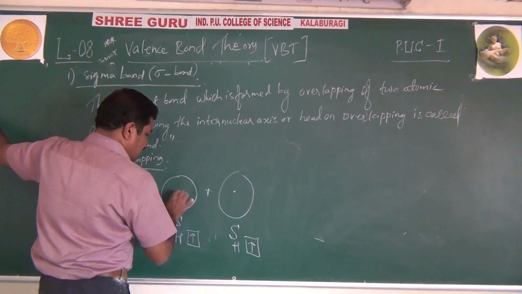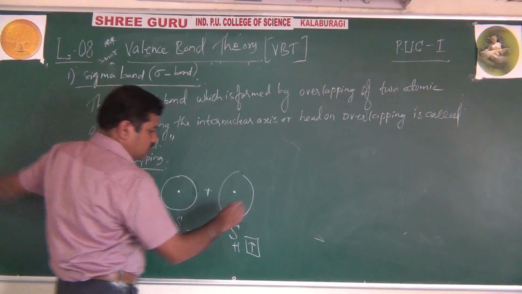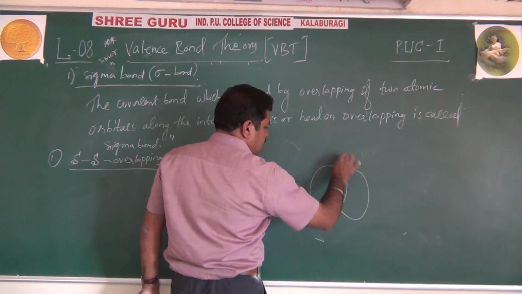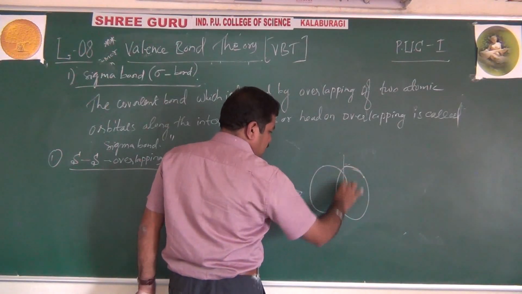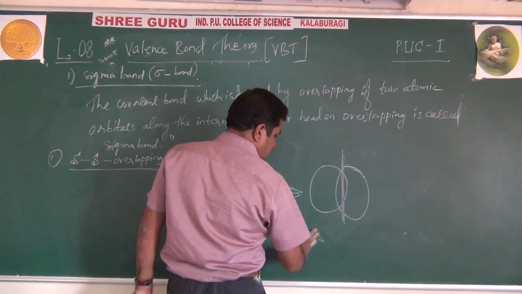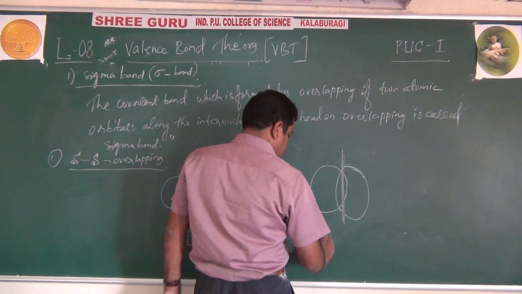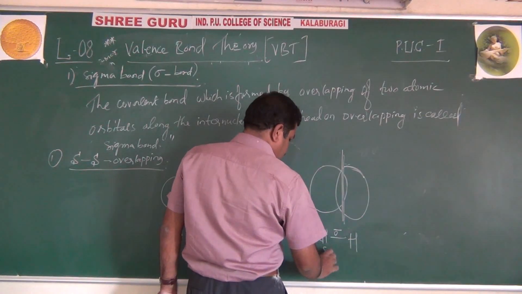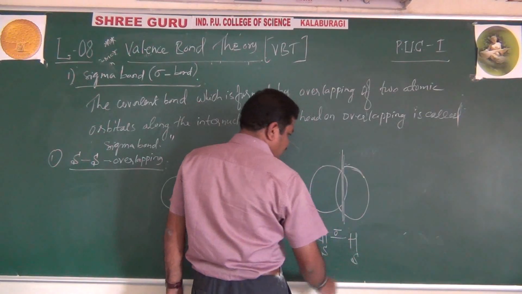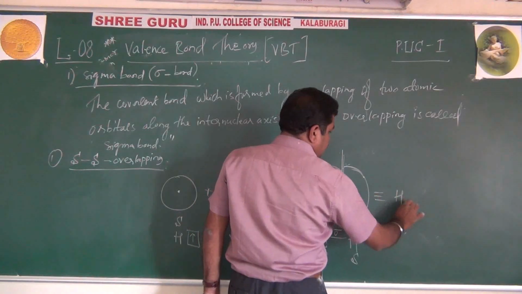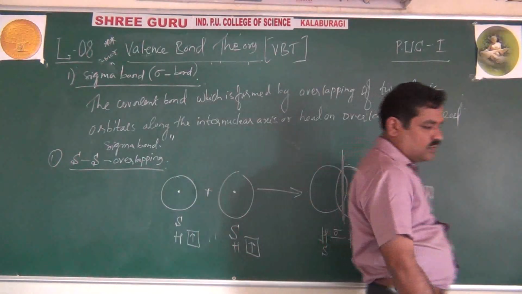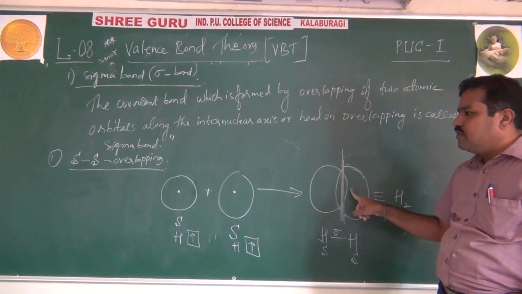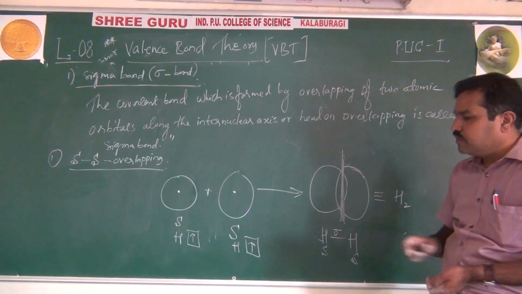This is the nucleus of the 2 hydrogen atoms, along the internuclear axis like this. This leads to the formation of a single bond. This is sigma, SS, in H2. This is head-on overlap, SS overlap.